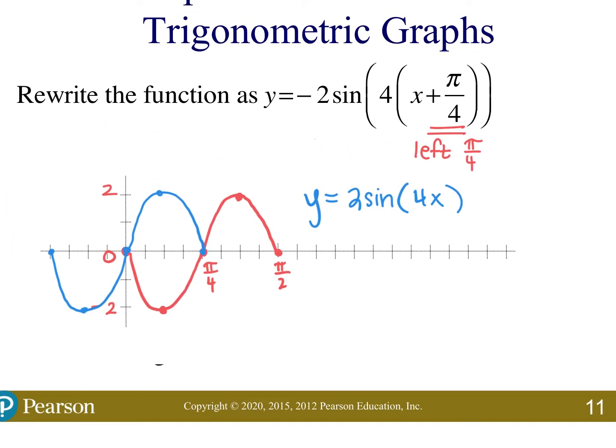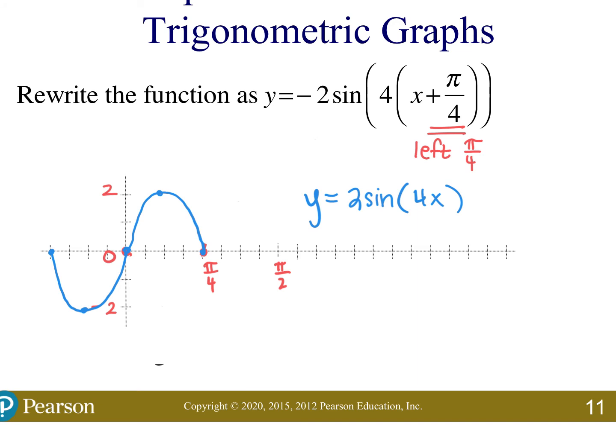Now what if I ask you to turn this into a cosecant? I'm going to erase my red graph just so I have a little bit more space to write with. I don't need that anymore. How would I turn this into a cosecant? First I'd draw asymptotes, but then I would draw the u's.